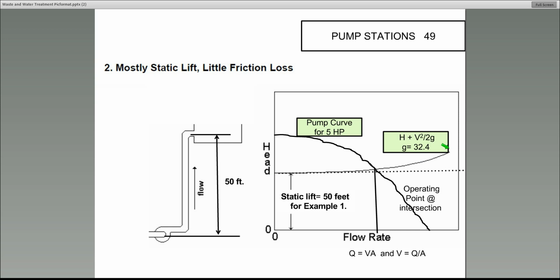Then this is a pump curve for a 5 horsepower pump. It's kind of shaky here, but you just have to test, each pump is different. So usually you get a bunch of these curves and you determine what size you want. But the intersection of this curve and the pump curve basically gives you the flow rate that you need for the pump.